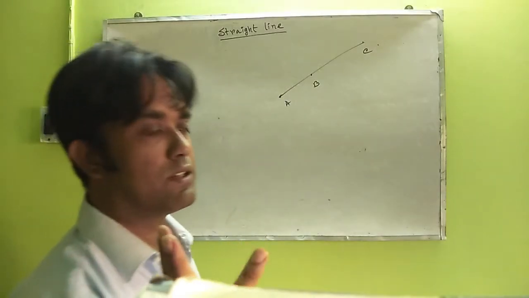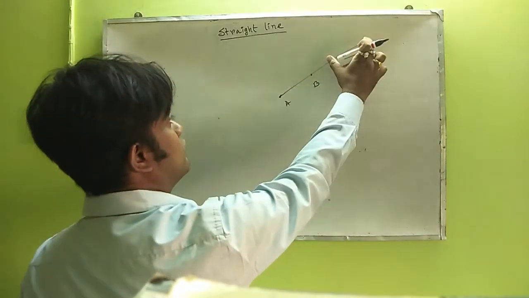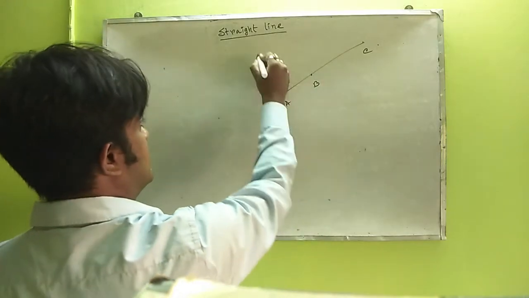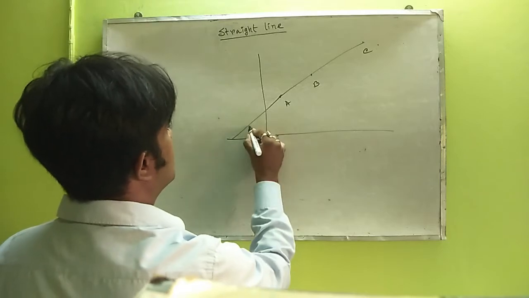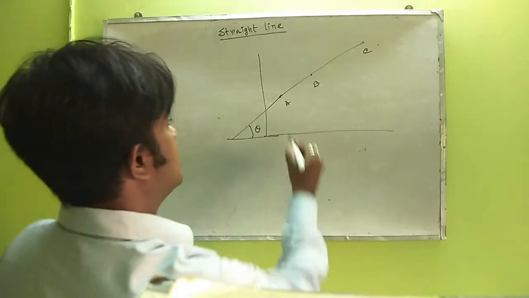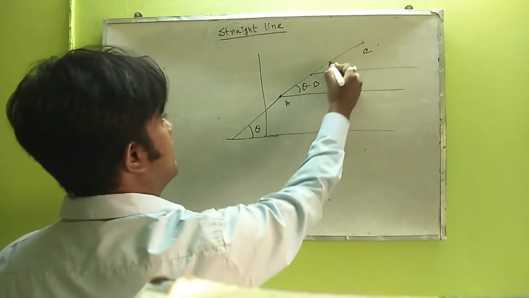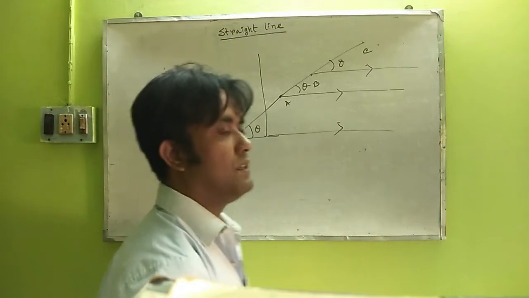If these 3 points are collinear, then the slope of AB and the slope of BC will be the same. That is, if this is a straight line and it has an angle of inclination theta, then it will be theta here also, as these lines are parallel.